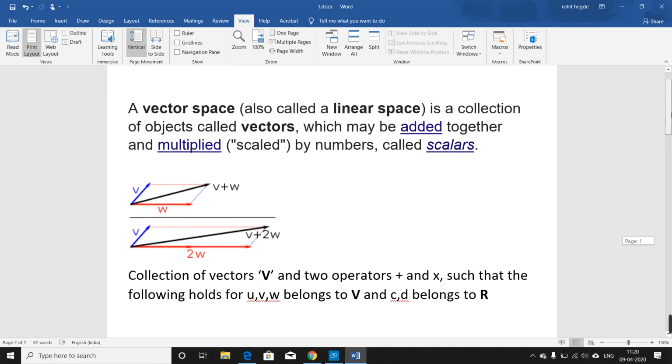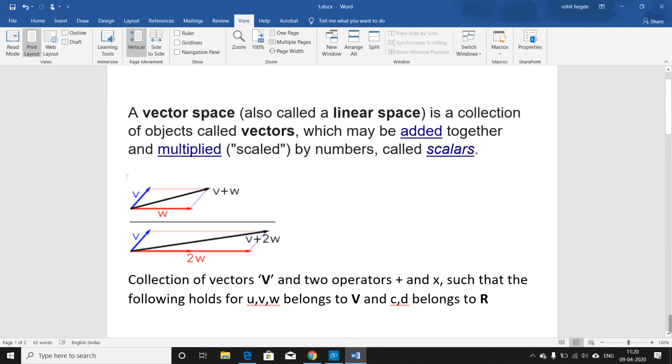Now again, if we look at the definition of a vector space, I think you can understand it now.